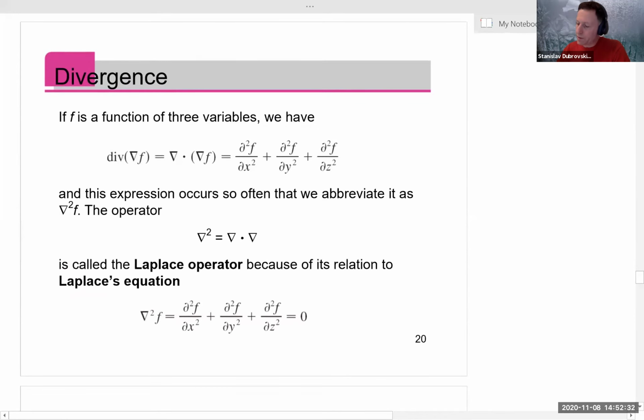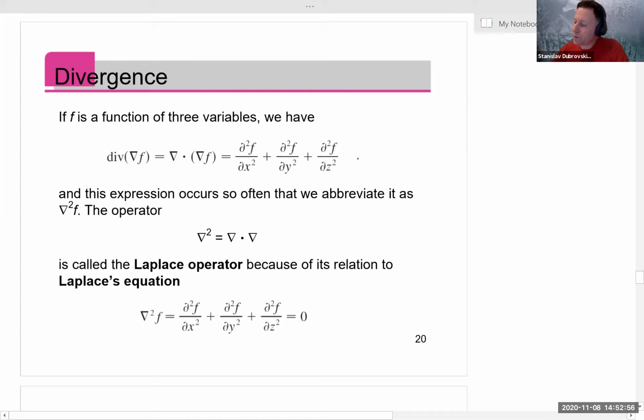Maybe the last word is that divergence is related to a famous Laplace operator, which you as an engineer will likely deal with a lot in your career. So you can apply it to a gradient, of course. If you are taking the divergence of a conservative vector field, then what do you have to do?